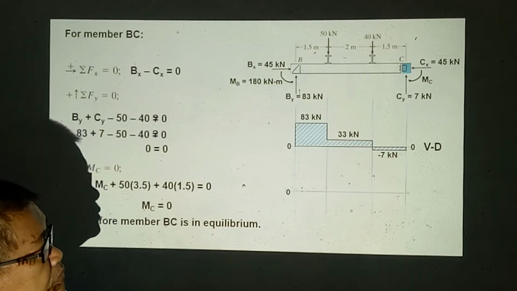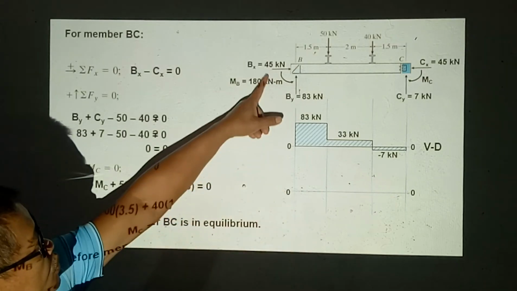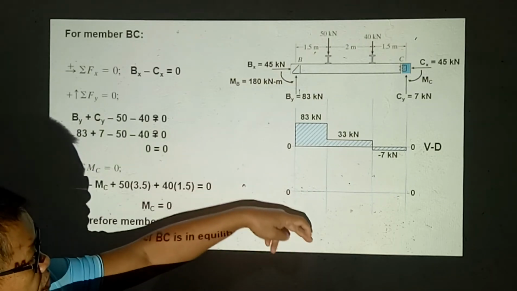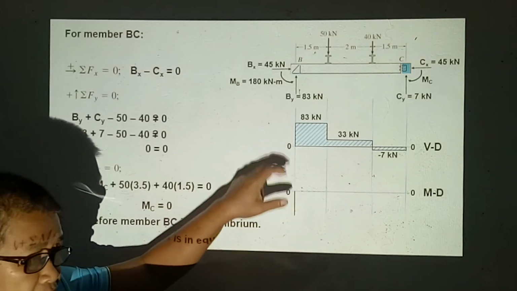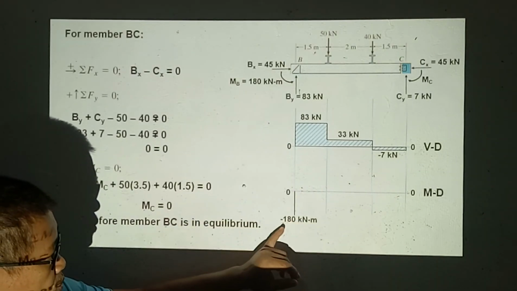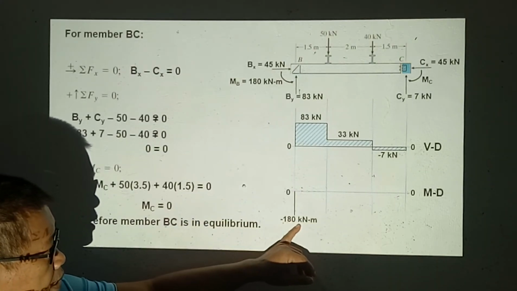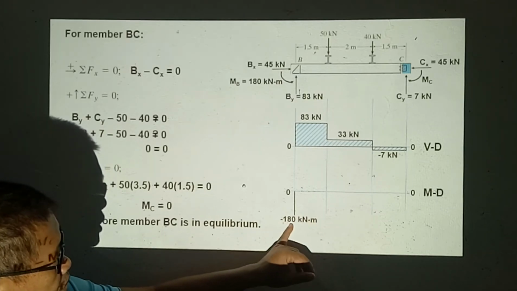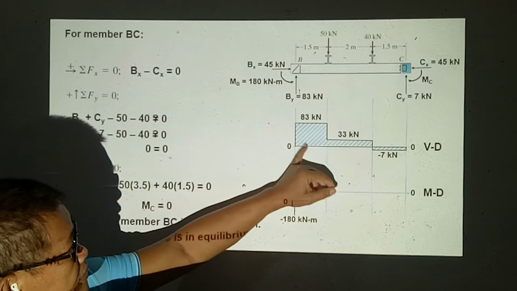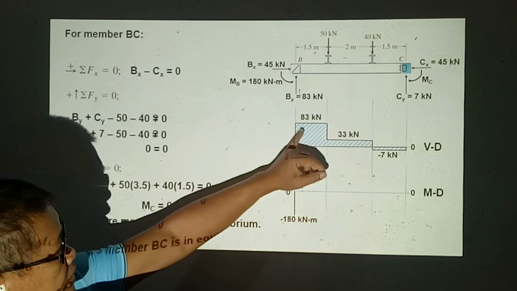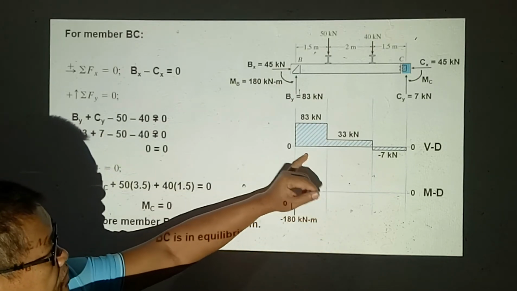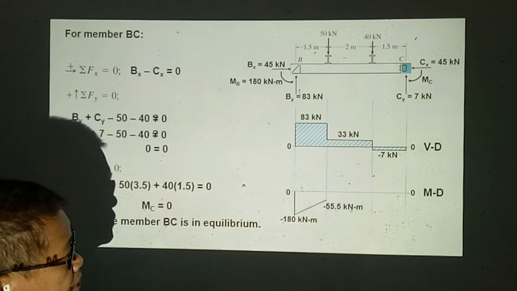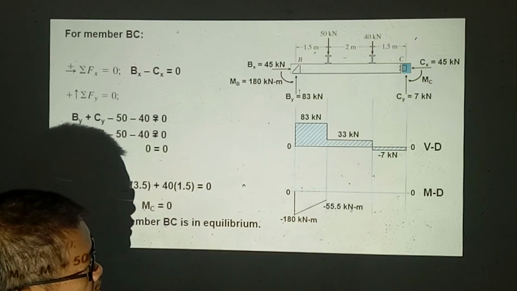For the moment diagram, we start with the moment, which is 180 kilonewton meters. So this is negative. Counterclockwise moments are negative. So we have negative 180 kilonewton meters. Shear here is 83, so minus 180 plus the shear area, 83 times 1.5, gives us negative 55.5 kilonewton meters.